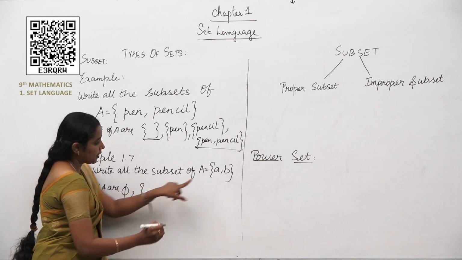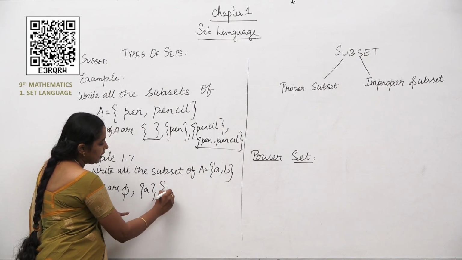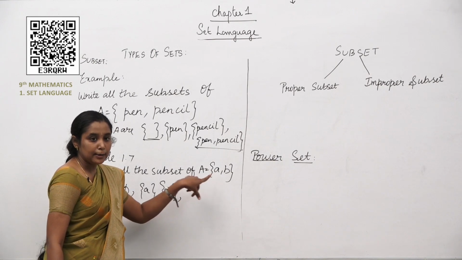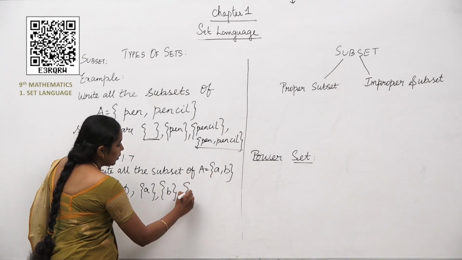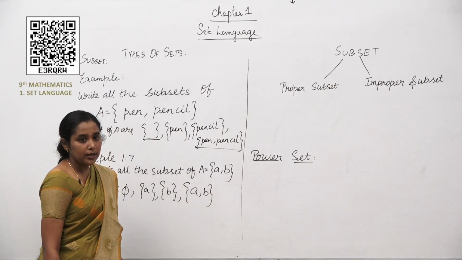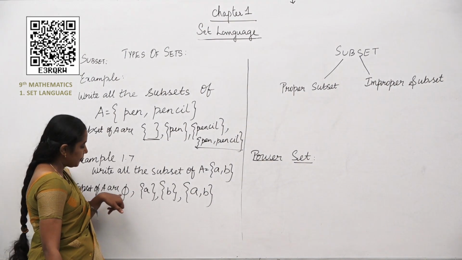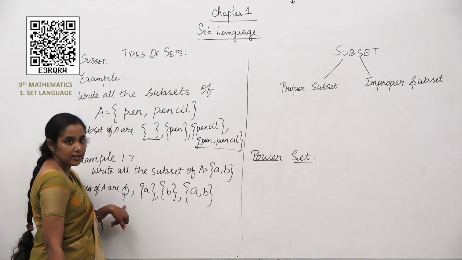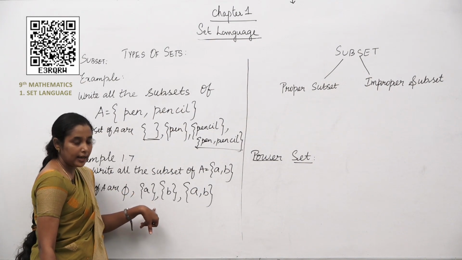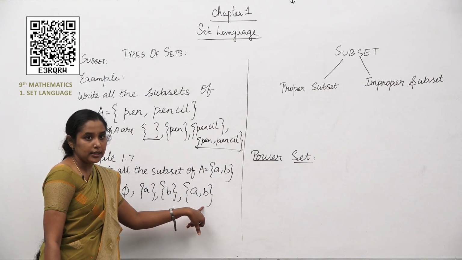Next one you will write A, and next one B. Then again, a set is a subset to itself, so {A, B}. So the subsets are: null set, that is empty set, A, B, and {A, B}, since every set is a subset to itself.